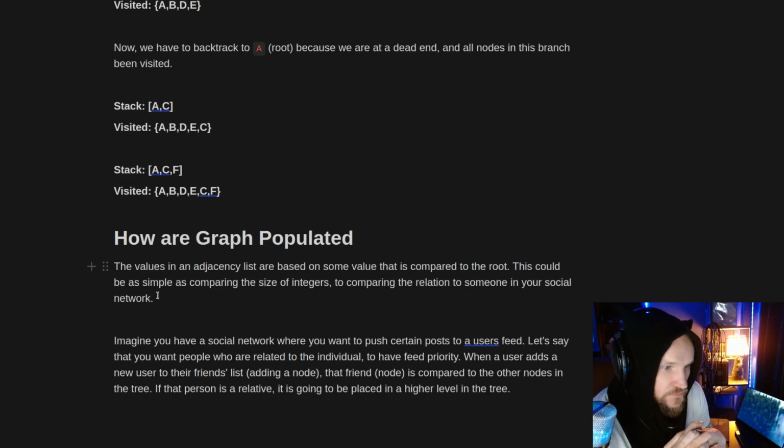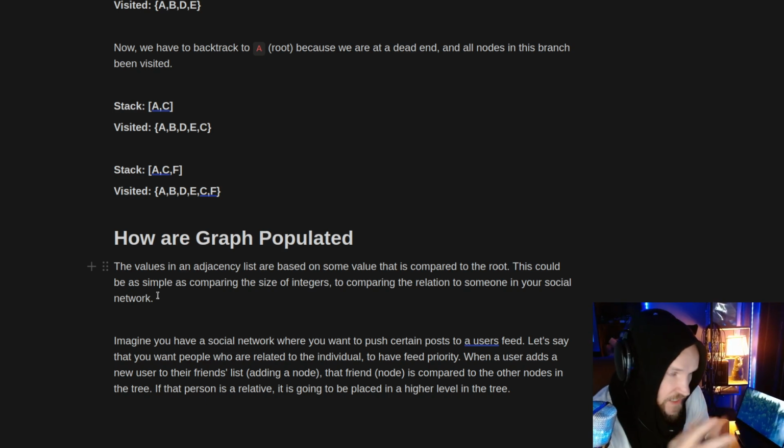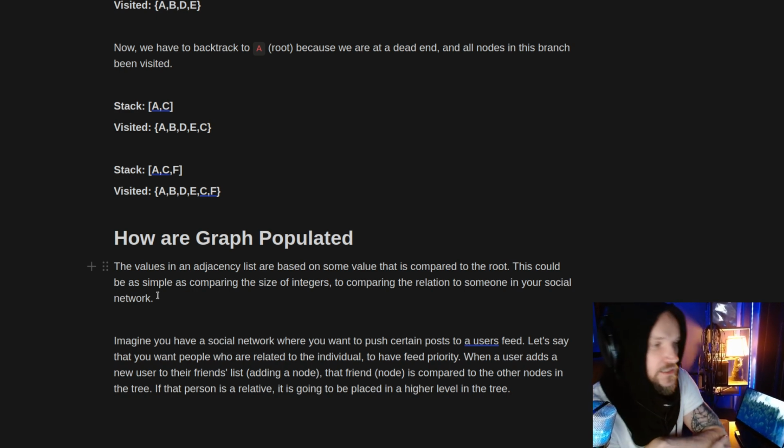So this could be as simple as comparing the size of integers, which is what our example is going to do, to comparing the relation to someone in your social network. Now this is a great example. Imagine that you have a social network where your users have feeds, and this feed contains updates from your friend list, people on your friends list posting things.